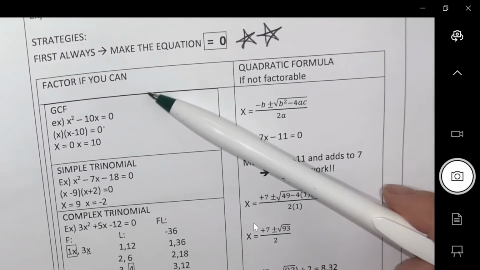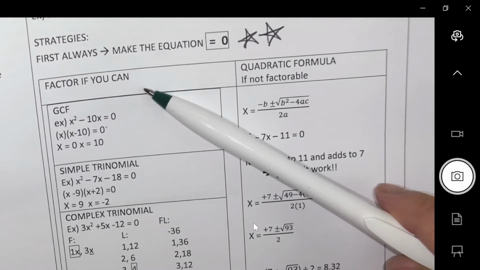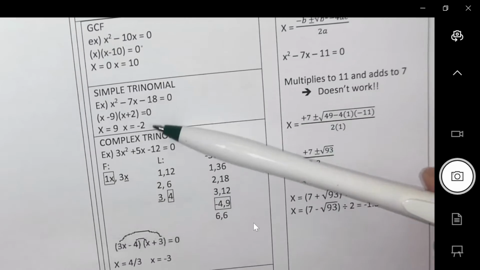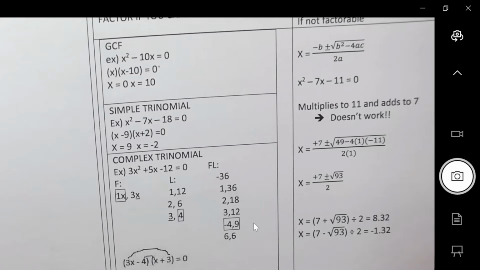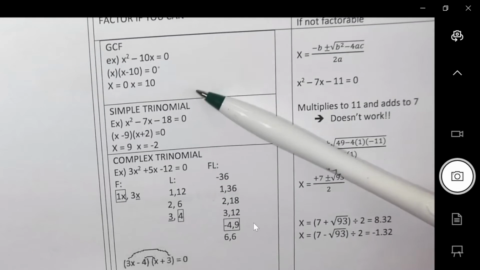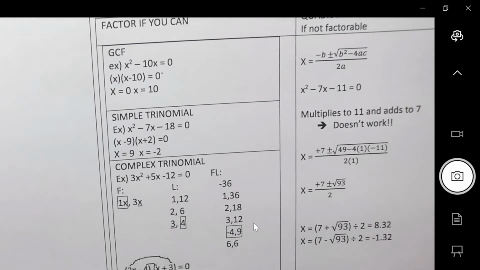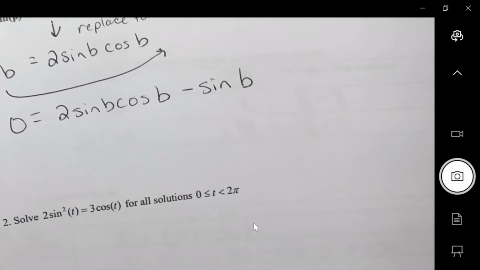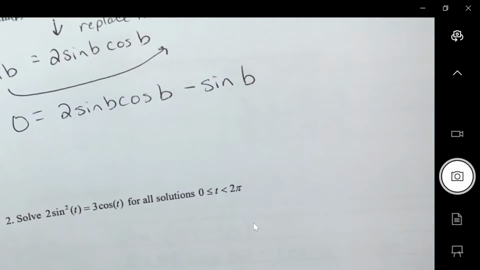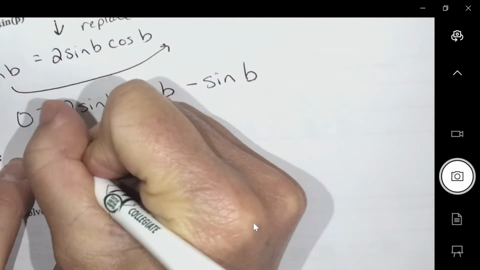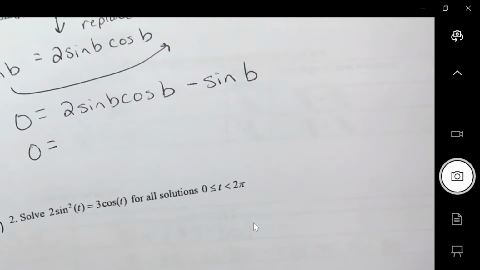First thing we do is look, can we factor it? We have our 4 styles of factoring. Is it any of those? GCF, simple trinomial, complex or difference of squares. It's one of them. Which one? It is a GCF. So what can we take out of this term and this term, both?